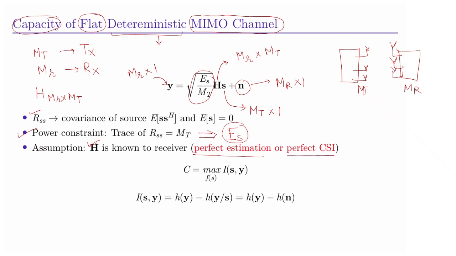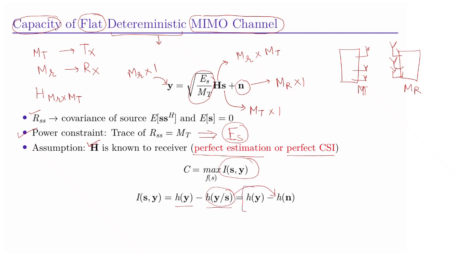Then we can write capacity as maximization over f of s, I of s comma y. From the previous slides, we have seen that I of s comma y can be represented as h of y minus h of y given s, and this can be further reduced to h of n, because H is deterministic and noise is independent of symbol s.